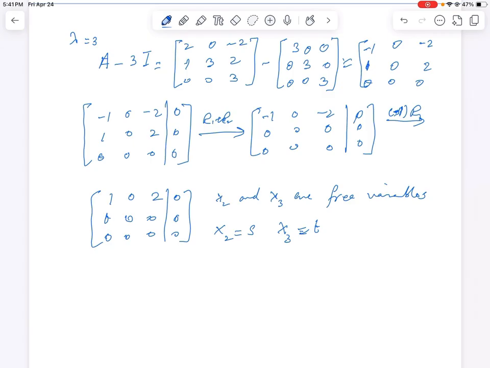So now from the first line we have x1 plus 2x3 equal to 0, or x1 equals -2x3, which is equal to -2t. So now we have our x vector.